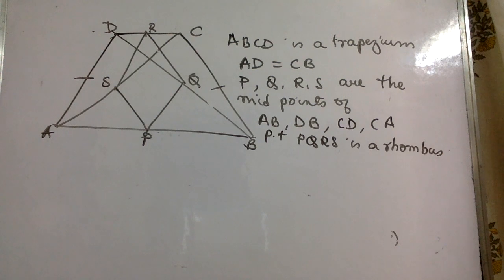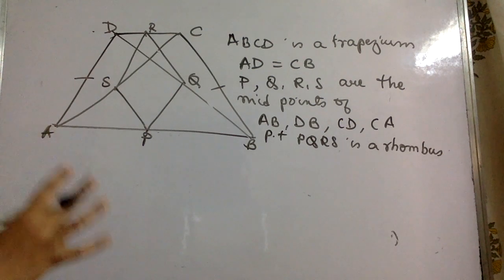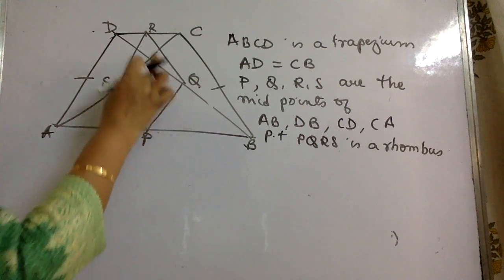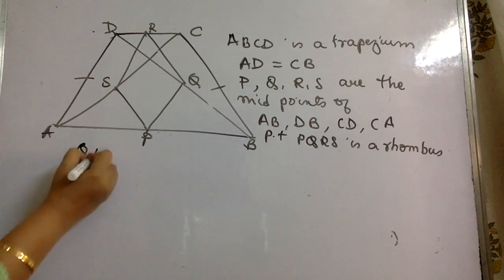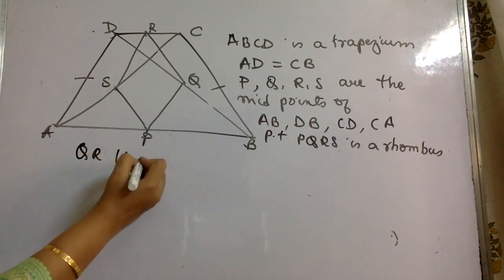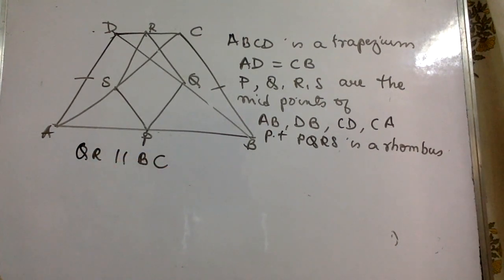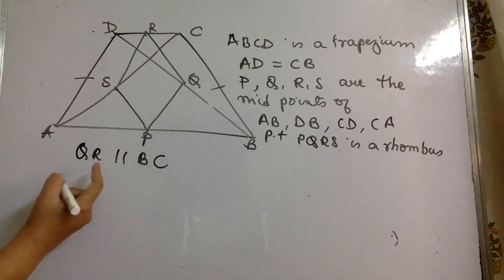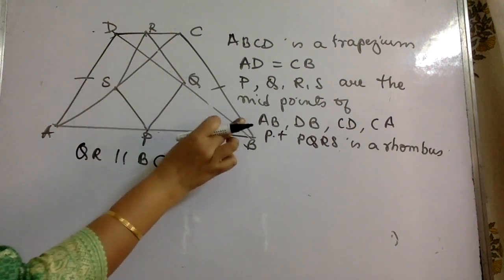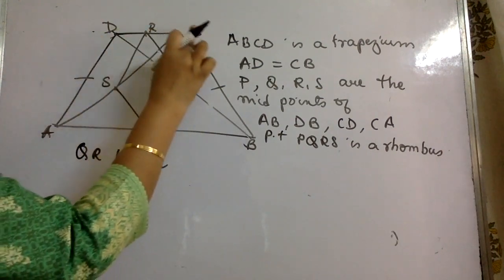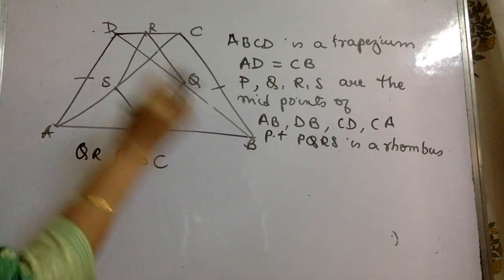so let us start. We have to be a little careful about the triangles we are taking. QR is parallel to BC, right? Now why is QR parallel to BC? Because R is the midpoint and Q is also the midpoint. Therefore we are talking about the triangle CDB.